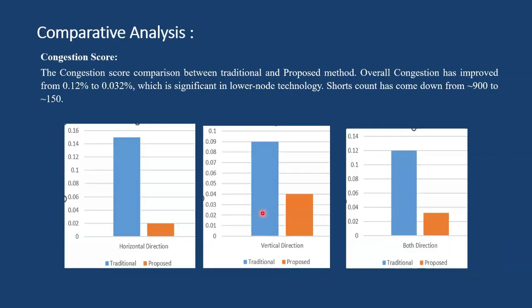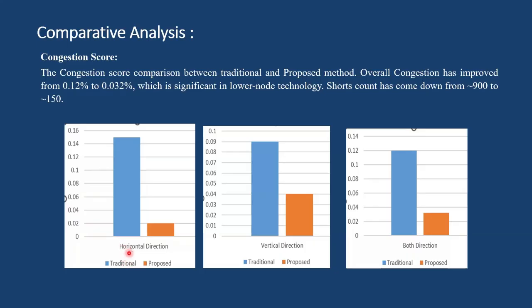So, a deep dive into comparative analysis. If you see the congestion, the tool tries to check for the availability of the tracks. Wherever it's not available, that's where it says this is the percentage we are hitting the non-availability of the routing resources. The routing directions are both horizontal as well as vertical.